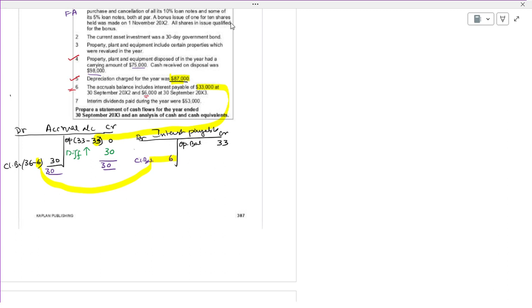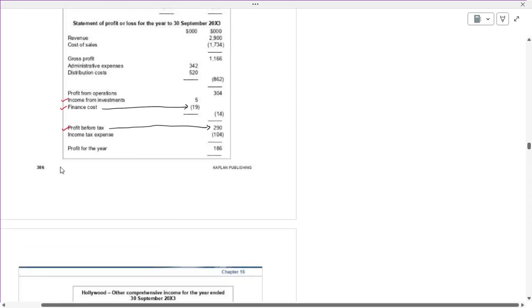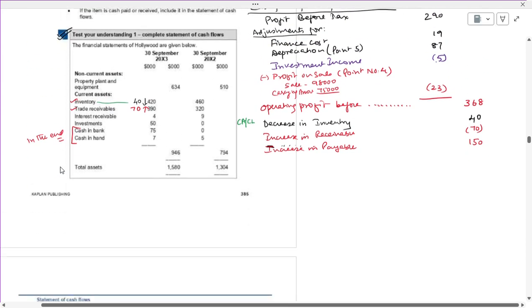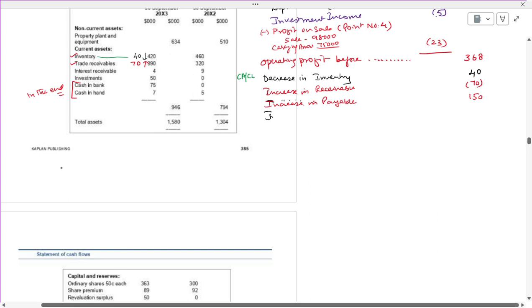See, I will put this as note 1 and this as note 2. Note 1: increase in accruals.